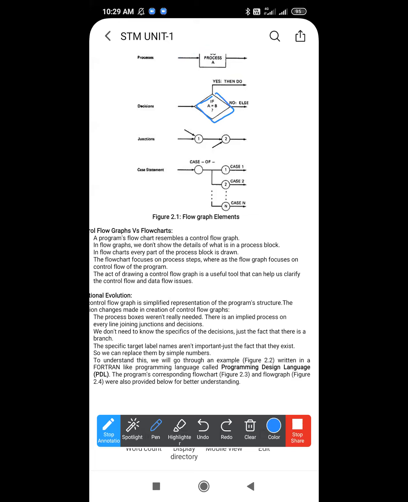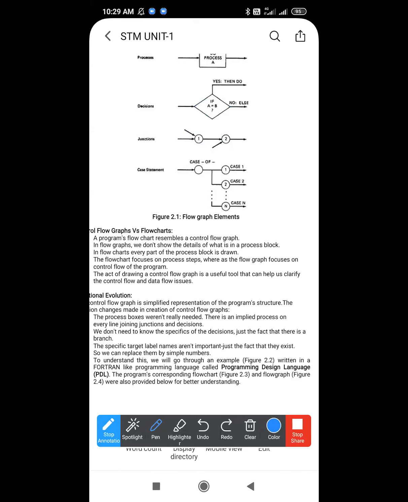What I told you, junction means merging statements, that is, integrated statements. It combines any two into one, either a function within a function or a structure within a structure. That is nothing but junction.